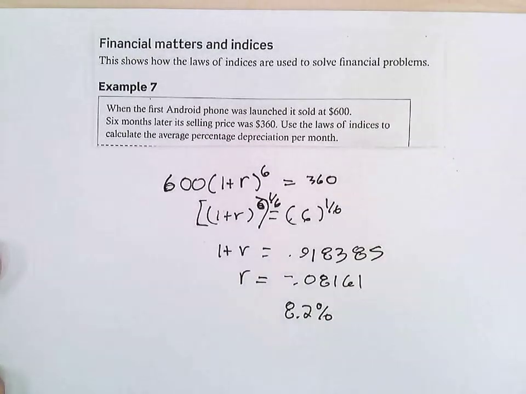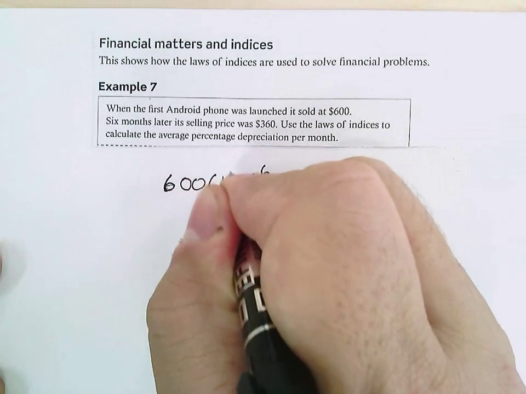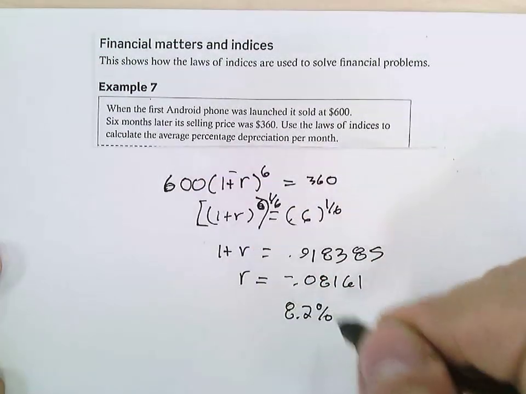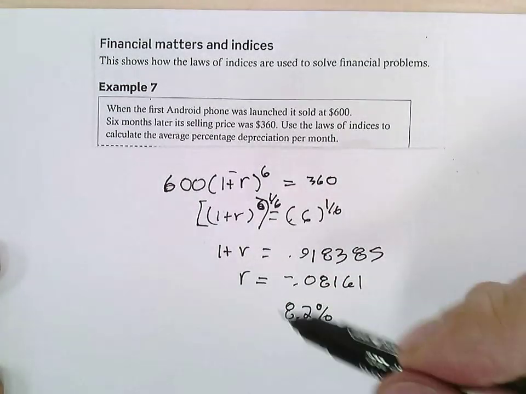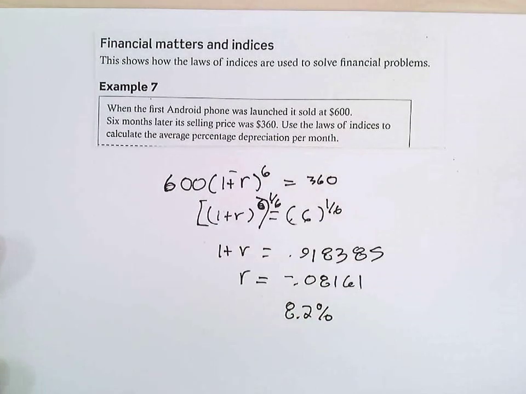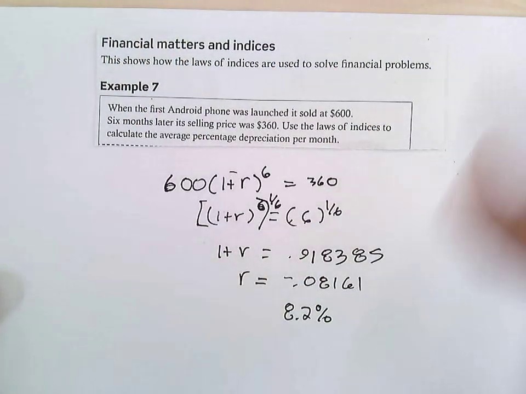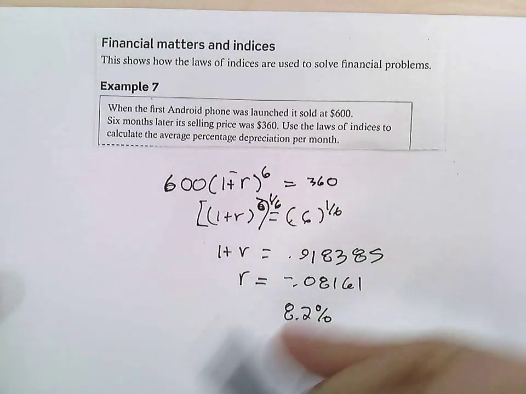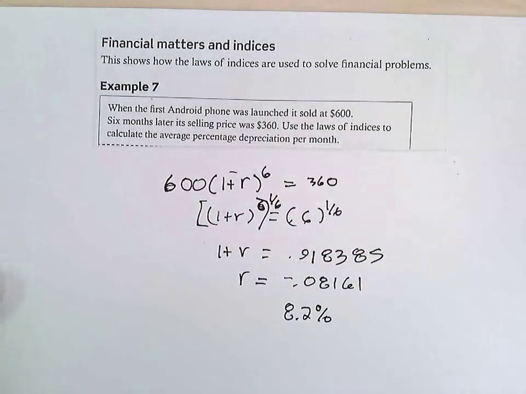If you did it the way the book would, you could have known it was depreciating, so you could have written this as a minus, and this number would have come out positive. But I know it's depreciating when you get the negative, so as long as you understand whether it's depreciating or appreciating, meaning it's gaining. Maybe something goes up, but in this situation, as time went on, the Android price kept going down, right? It's going to go down, not up, as it got older.